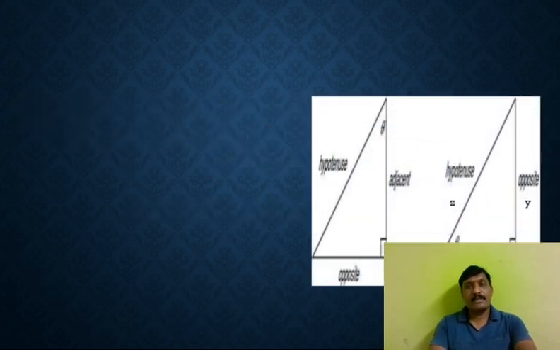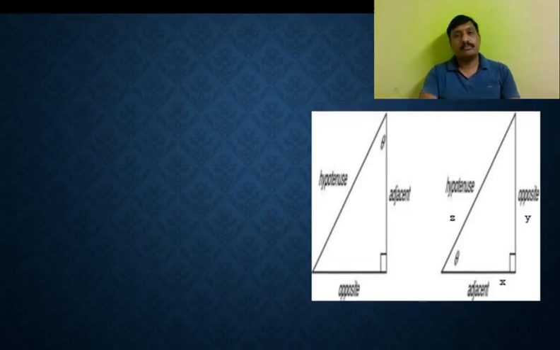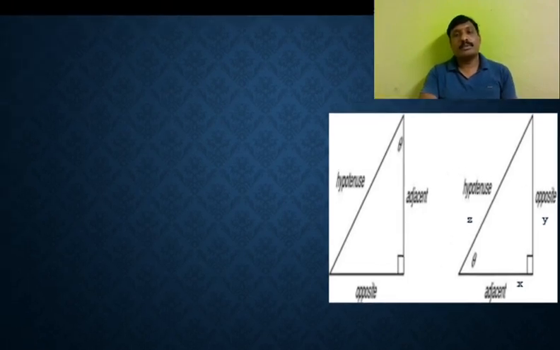For that, once again I'll take here a right angle triangle. You can see I took two right angle triangles. Why? Because when it is a right angle triangle, the other two angles are called acute angles.